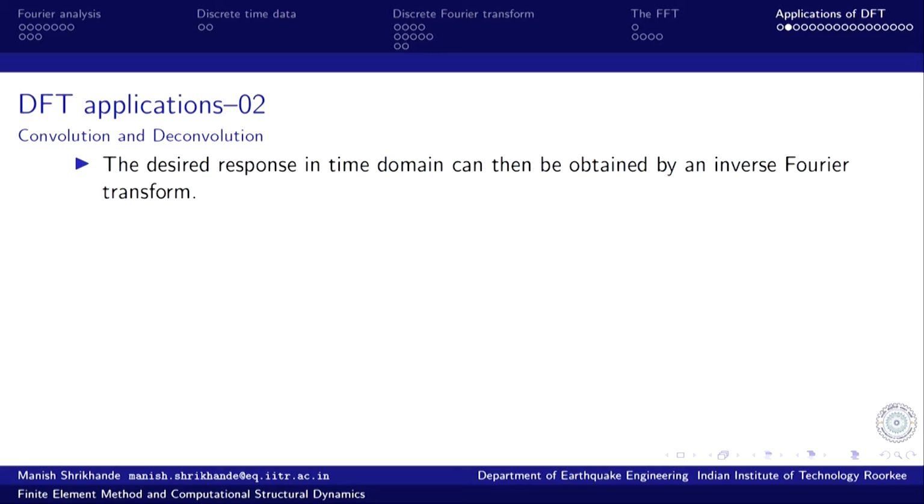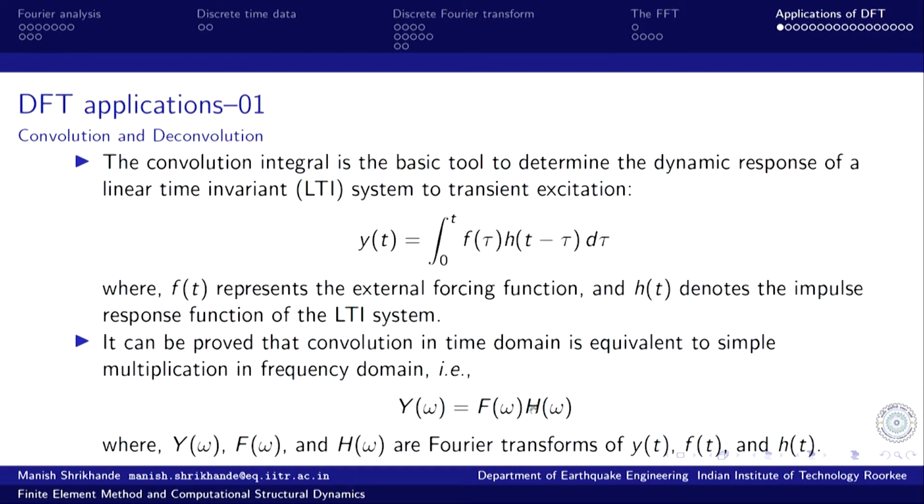Since y omega can be computed simply as the product of f omega and h omega, it is very easily computed, and then the inverse Fourier transform gives us the response y t in time domain.